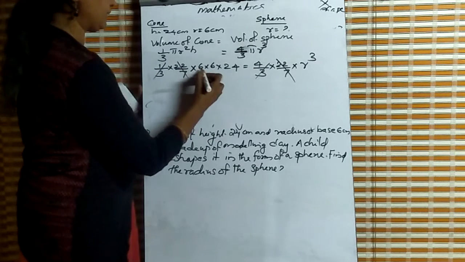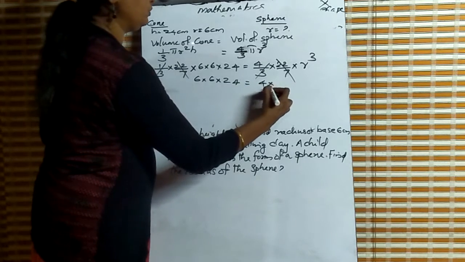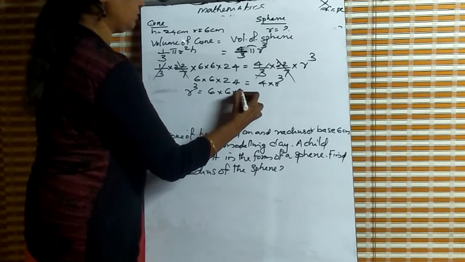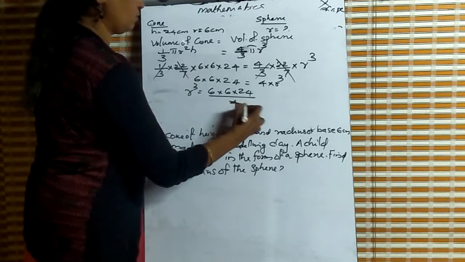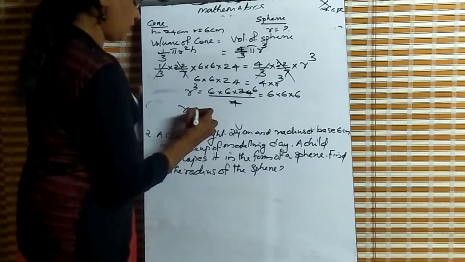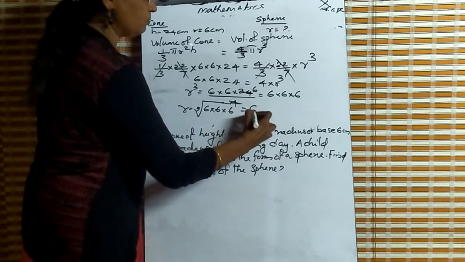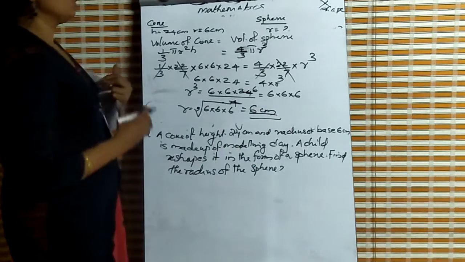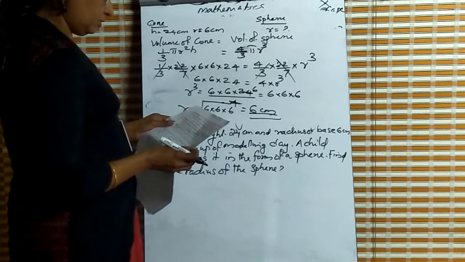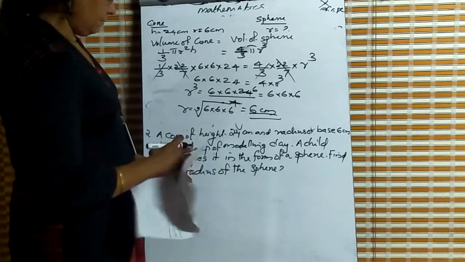Remaining 6 into 6 into 24 is equal to 4 into r cube. R cube is equal to 6 into 6 into 24 by 4. 24 by 4 is 6, so r cube is equal to 6 into 6 into 6. R is equal to cube root of 6 into 6 into 6, which is 6 centimeter. So the radius of the sphere is 6 centimeter. Next question.